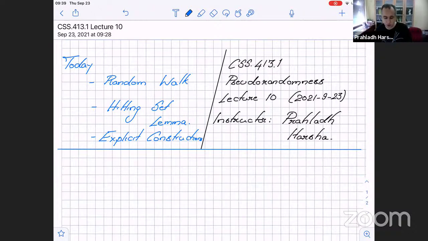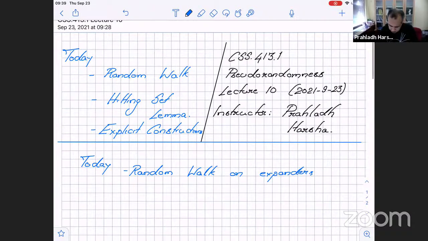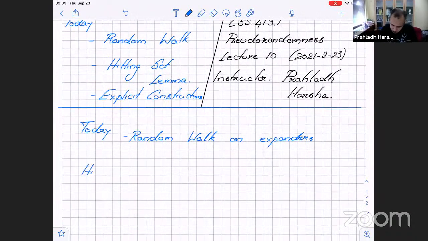In particular, we will show the following aspect of random walks on expanders. We state the following lemma, which I will call the hitting set lemma. I'll state in a second why I call it the hitting set lemma for random walks on expanders.